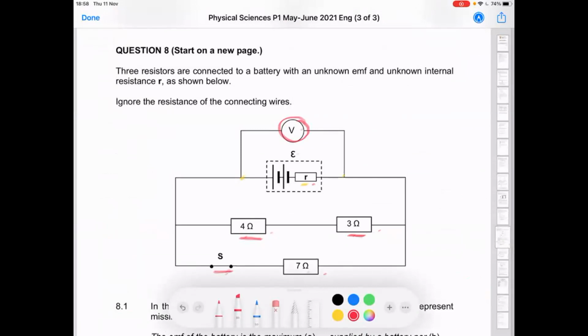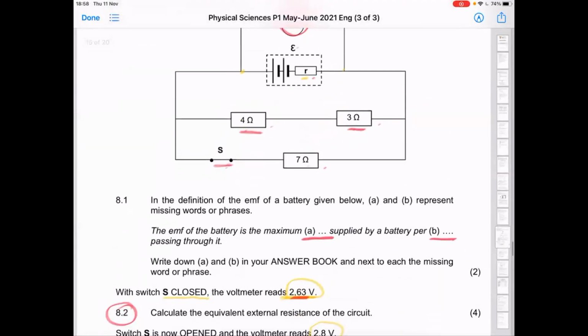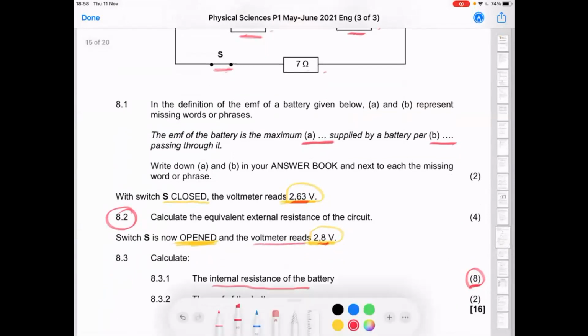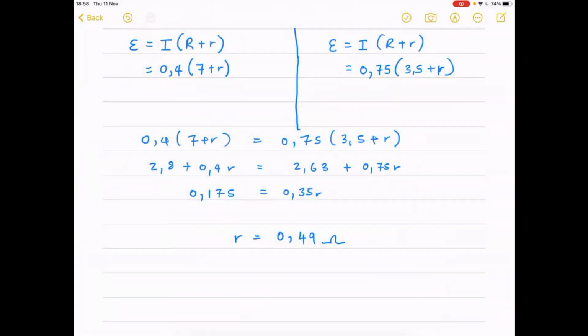The EMF is E there. So the 2.8 is not the EMF, it's what the voltmeter reads. And see, it says here, the voltmeter reads 2.8 volts. I'm sure that's clear. Thank you.